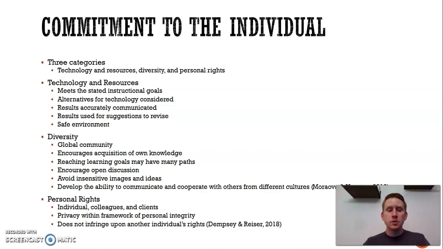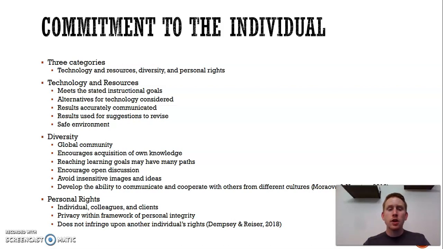Commitment to the individual. There are three categories within this commitment: technology and resources, diversity, and personal rights. Technology and resources. Within this domain, it ensures that the instructional design meets the stated instructional goals.